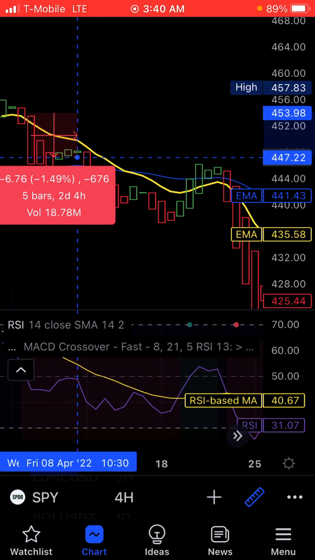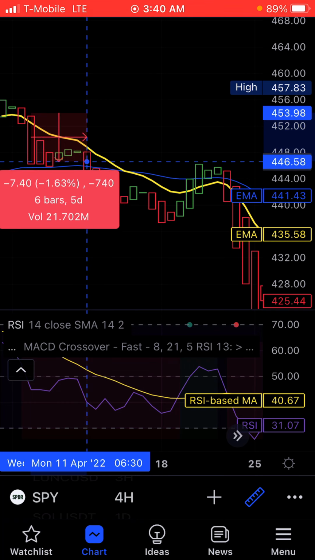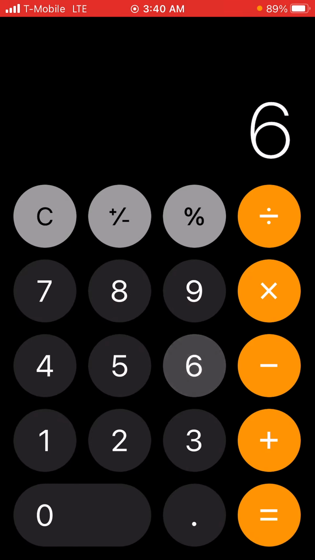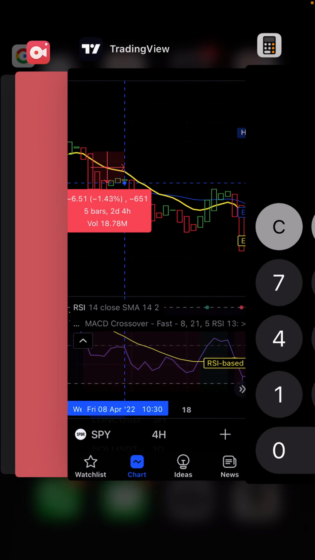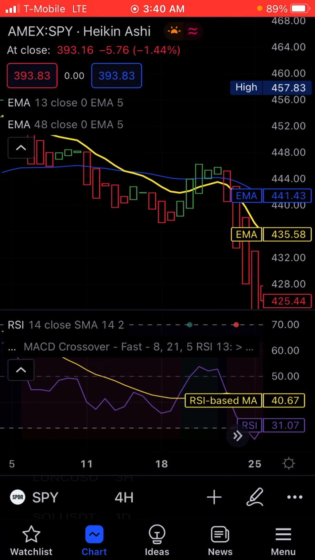So that's 5 days. So this is 2 days, 4 hours. It was a price difference of 6.51. 6.51 times 50. $325 in 2 days, 4 hours. So anyway, I'm going to do this one more time.